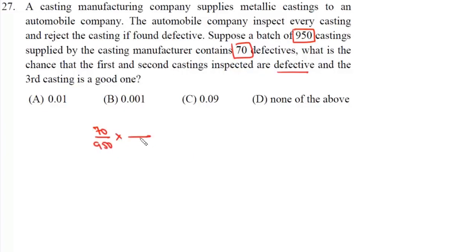Now for second to be defective, we'll have 69 by 949. And if third is good, we'll have 950 minus 70, and that'll be 880 by 948. And this value is 0.000497, which is none of the above, and that's your option D.